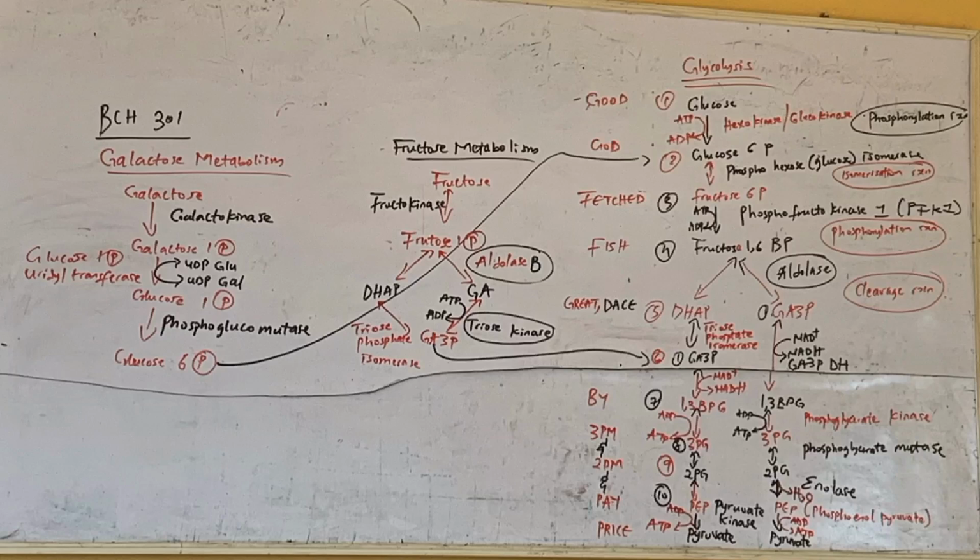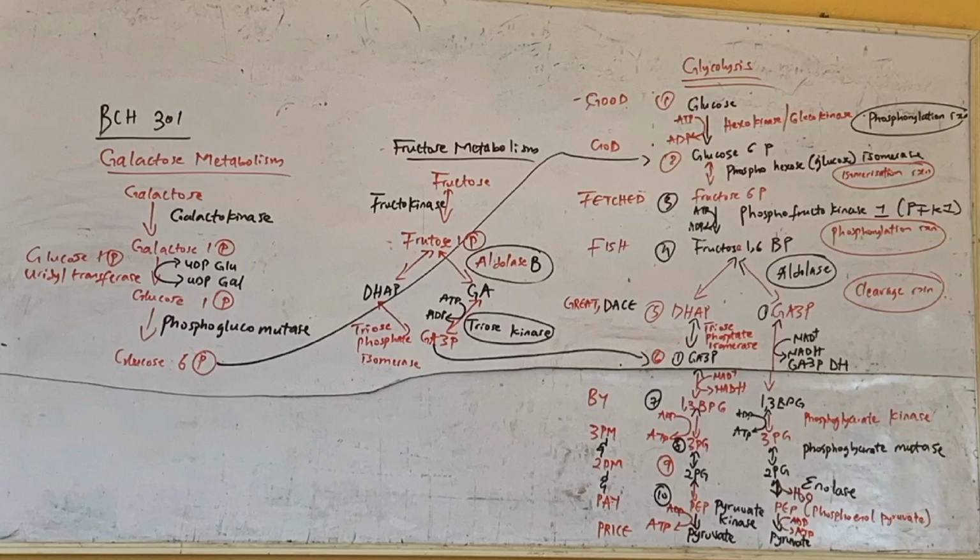So Good is glucose, God is glucose 6-phosphate, fetched is fructose 6-phosphate, fish is fructose 1,6-bisphosphate, great is glyceraldehyde 3-phosphate, days is dihydroxyacetone phosphate, by is 1,3-bisphosphoglycerate, 3 p.m. is 3-phosphoglycerate, 2 p.m. is 2-phosphoglycerate, pay is phosphoenolpyruvate, and price is pyruvate.